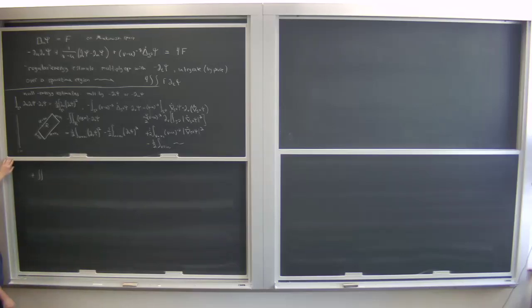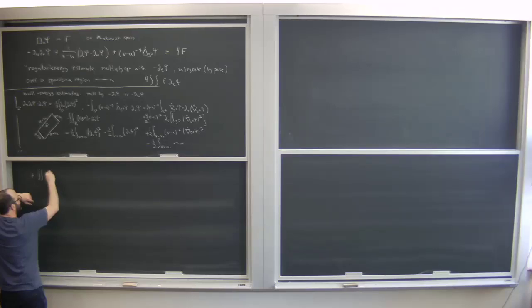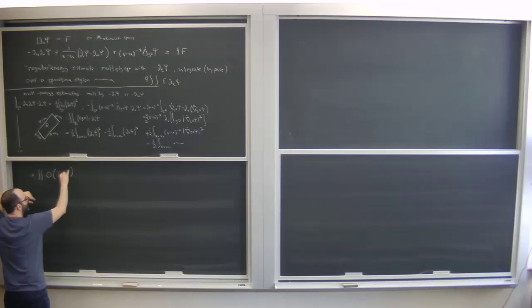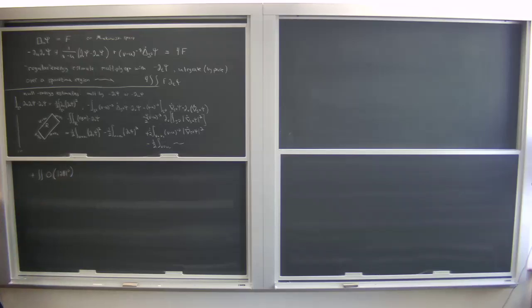I'm just going to say something very soft, which is that I'm going to get things that are big O of, I'll write it schematically. This is not meant as a geometric norm. I just get some space-time expressions that are quadratic in the first derivative, right?